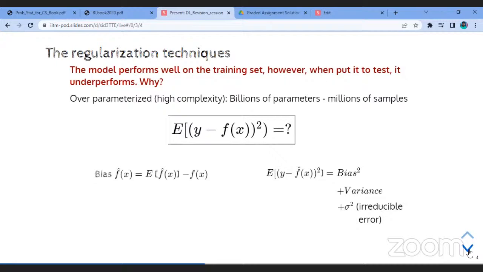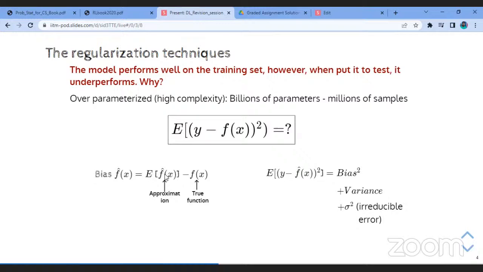But the key takeaway is that we don't bother about the form of the functions, only about the true function and the approximation. We call the bias the expectation of the approximation minus the true function. That is all discussed in the lecture, but the key takeaway is how we compute the bias.